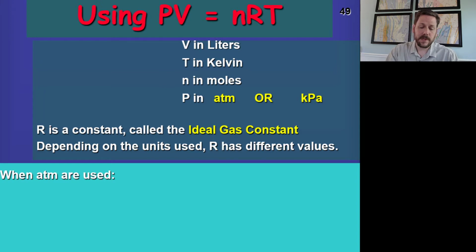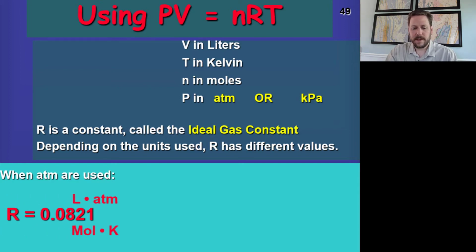If you're using atmospheres for your pressure measurement, then the R value is 0.0821. Now the units of R are quite complicated. They are liter atmospheres per mole Kelvin in this case. Now don't worry about how complicated those units are. It's essentially just an equation fixer.